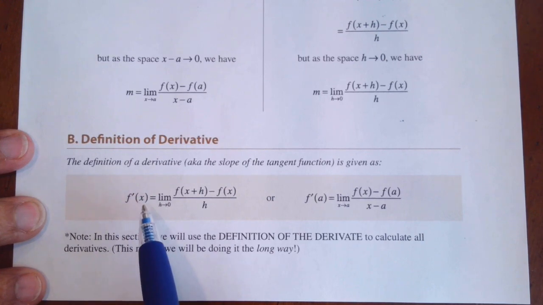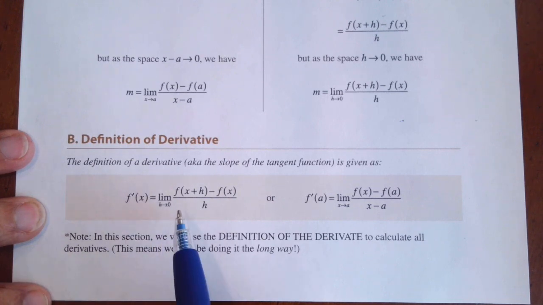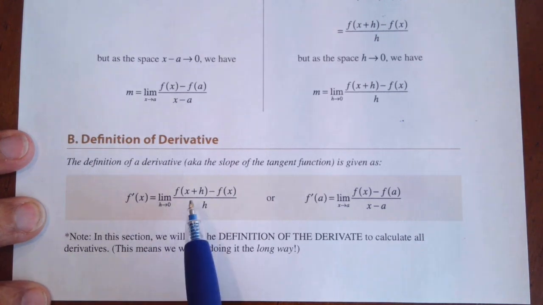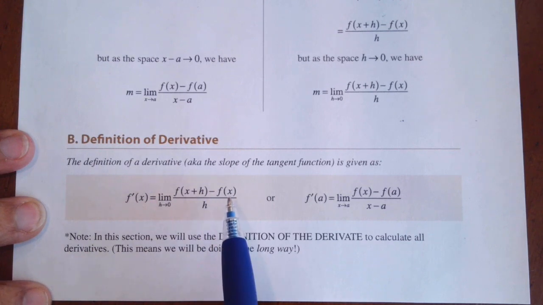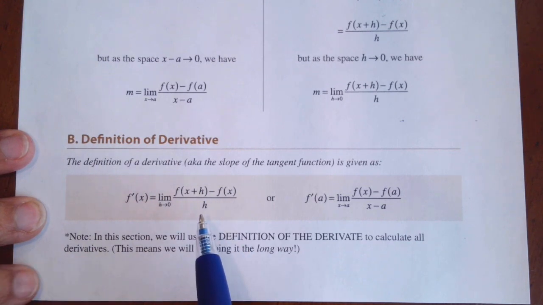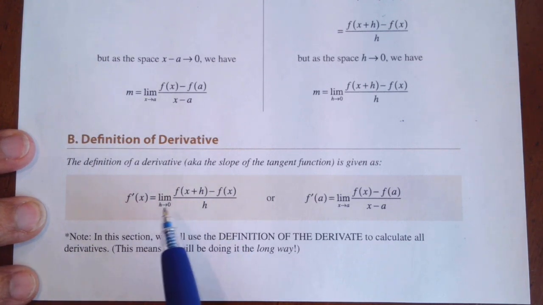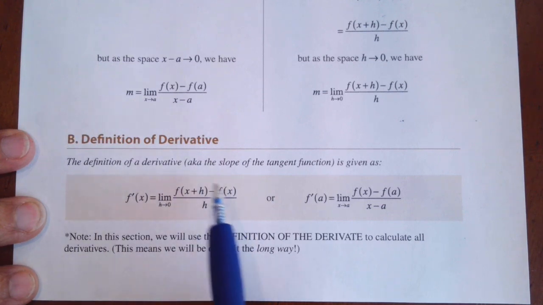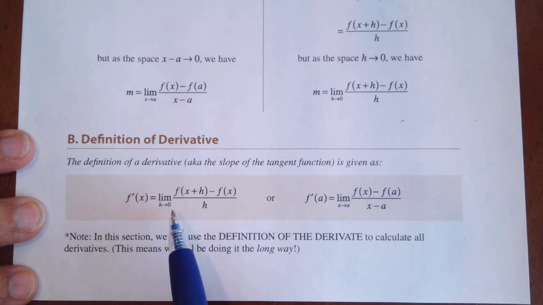So f prime of x, that's how we say that, f prime of x, that is the derivative. And to find the derivative, you're going to do the limit as h approaches 0 of f of x plus h minus f of x over h. That is how you find the slope of a tangent line of a function.